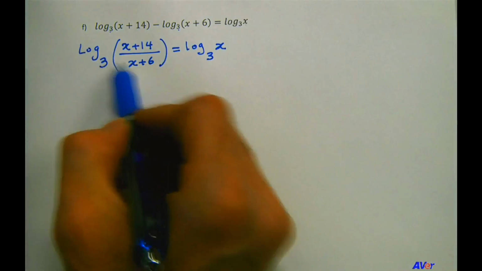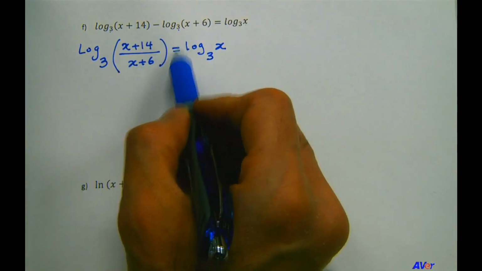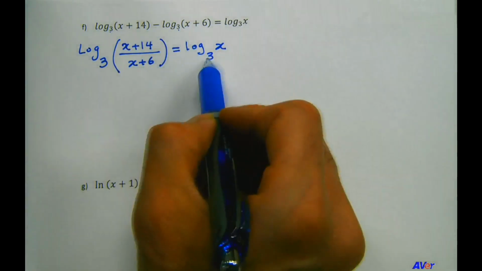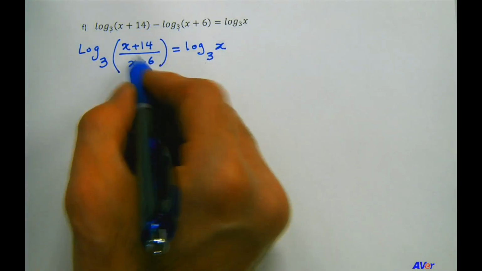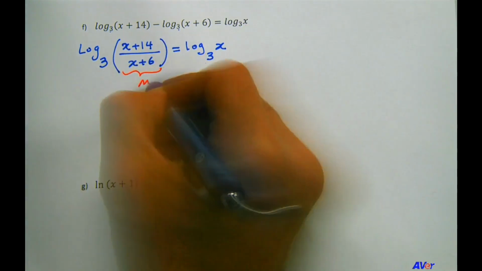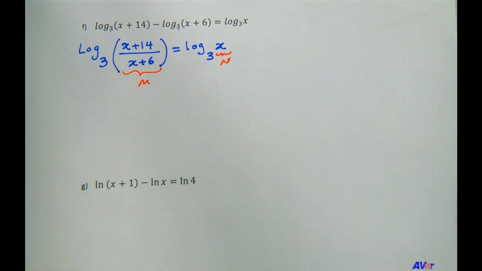Log to base 3 of this whole thing is to be equal to log of x to the same base 3. So in our case, this is m and this is n when you compare it with what we have on the first page, right?